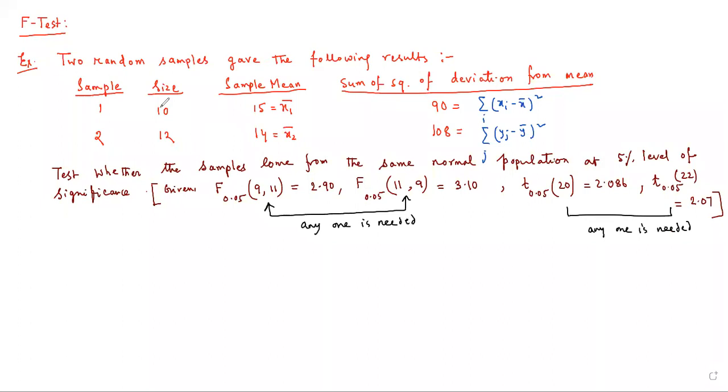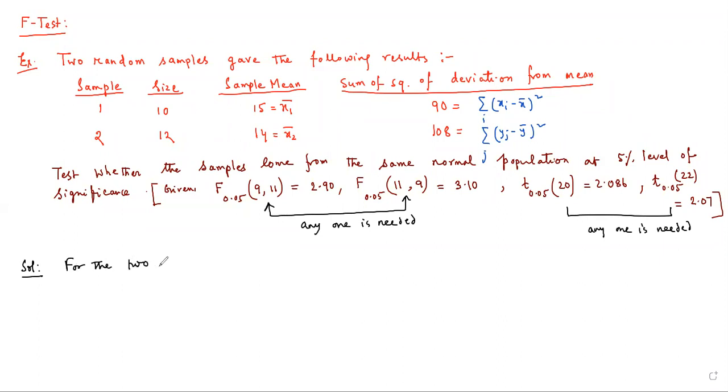It is simpler than the previous one, because here the individual data points are not given. What we need to do is just feed the particular data into the formula and find our observation.